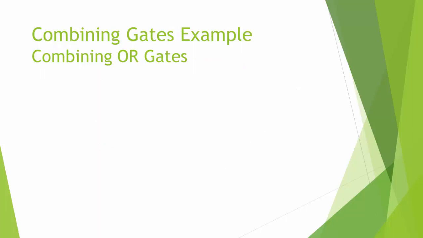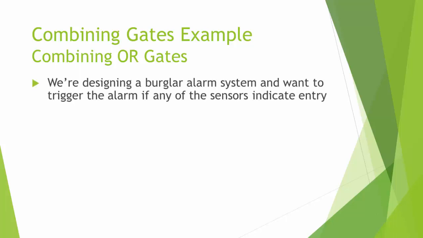Okay, so let's combine some gates together to illustrate a useful device that we can design around this idea of an OR gate. Let's imagine we're building a burglar alarm system and we want the alarm to trigger if any of the sensors go to high.